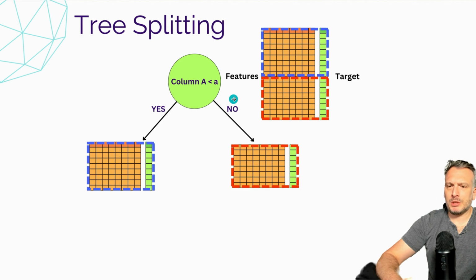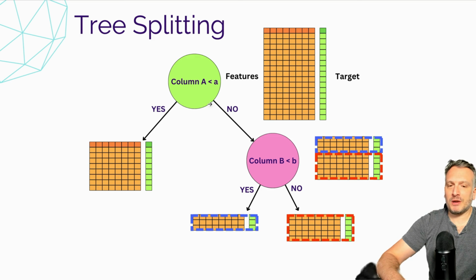For example, we could imagine that the first node of a tree could look at column A and decide that we need to split based on the value lowercase a. So each of the samples where column A has values lower than lowercase a goes left. Each of the samples where column A has values higher than lowercase a, they go right.